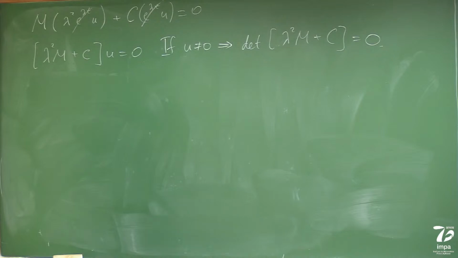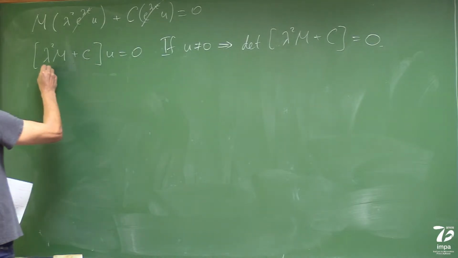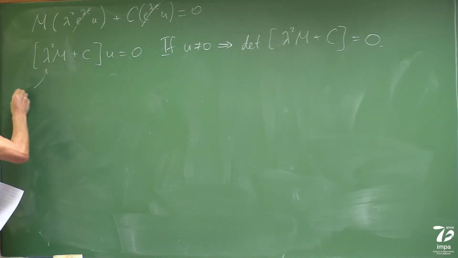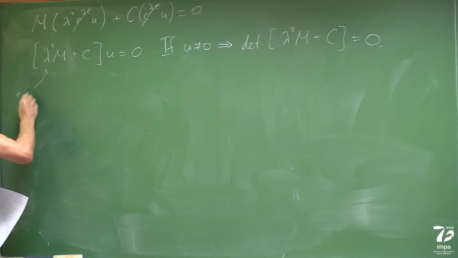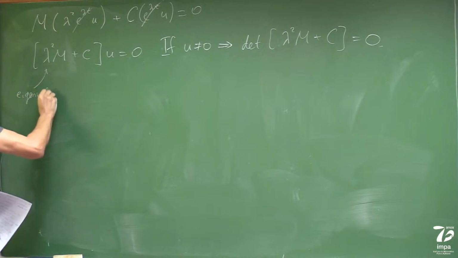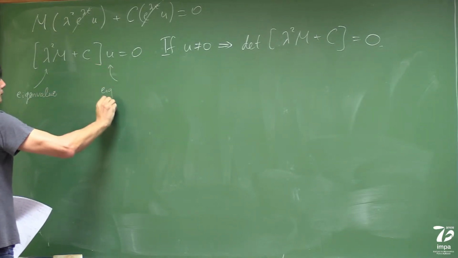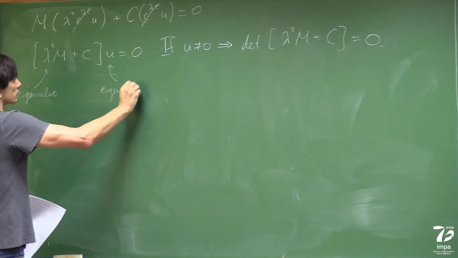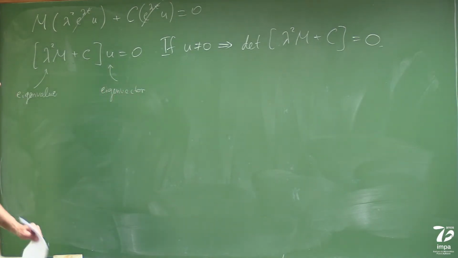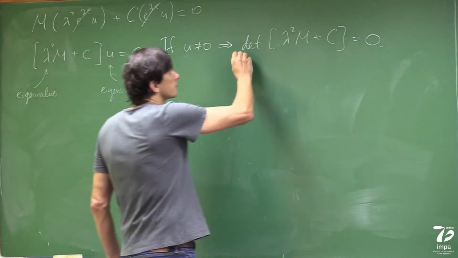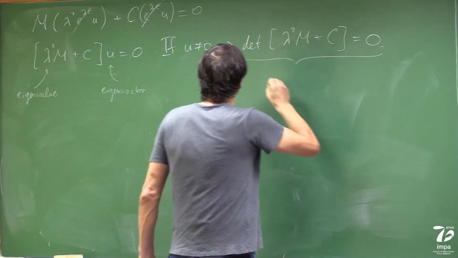So that's our setting. And I can give some names: lambda we call eigenvalue. u we call eigenvector. And we call this equation the characteristic equation.